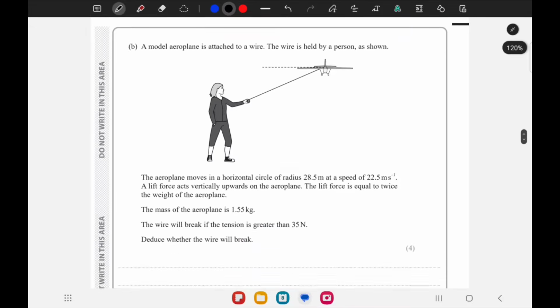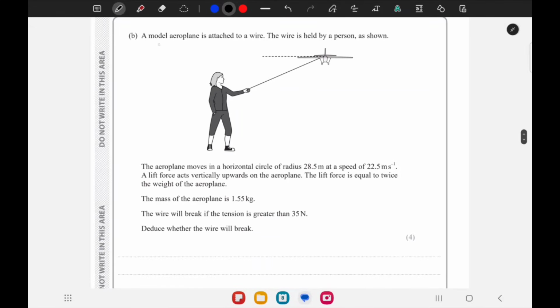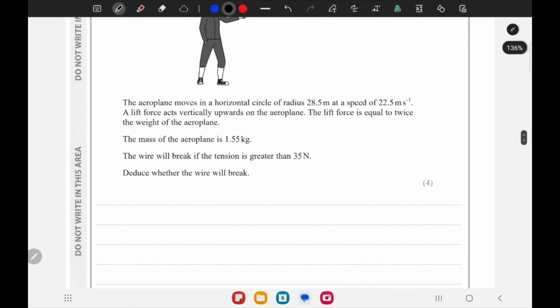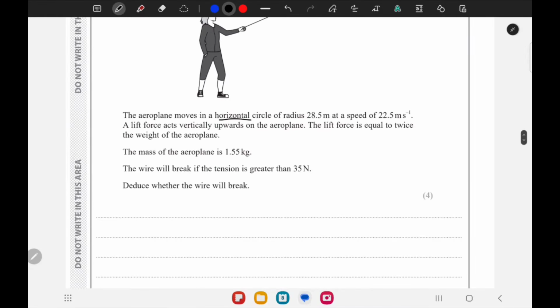Now moving on to part B of the question. We are given a model aeroplane which is attached to a wire and the wire held by a person. Now we are given the details of its motion. So the aeroplane moves in a horizontal circle with radius 28.5 meters, speed of 22.5 meters per second.